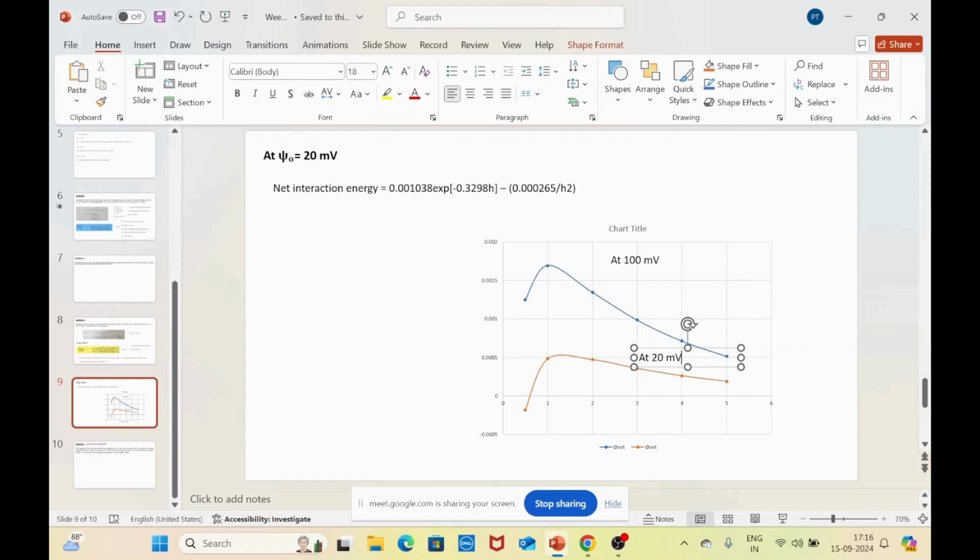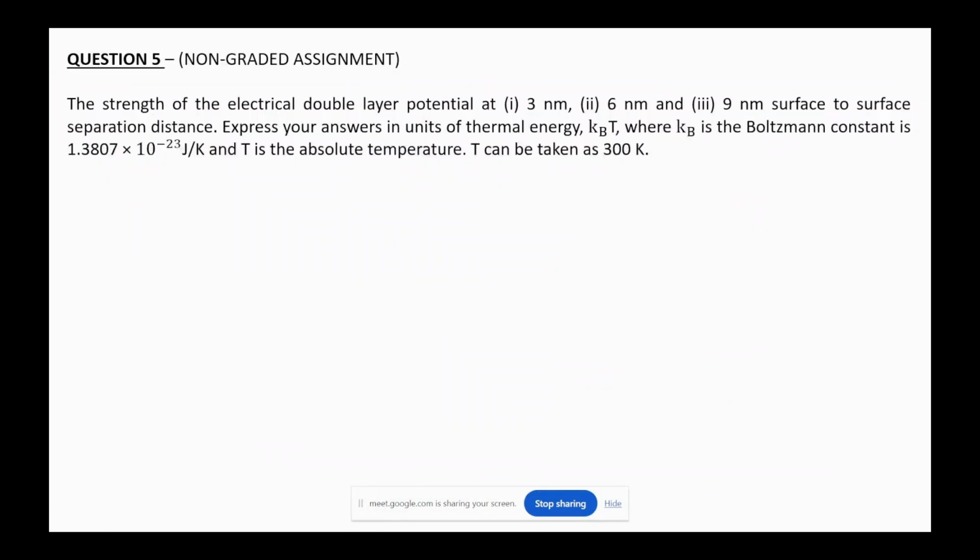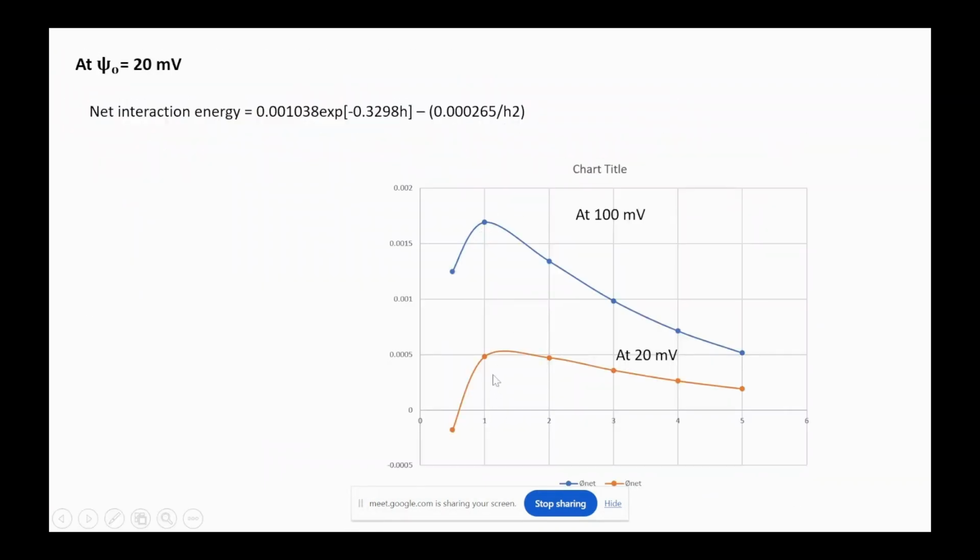If you see, as we increase the surface potential, the energy barrier, this point here, I hope you are able to see my cursor, so this is the energy barrier. If the surface potential is high, then the energy barrier for coagulation is high, which means that the system will remain stable.